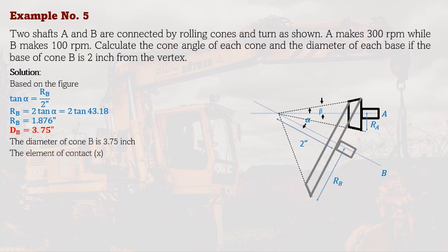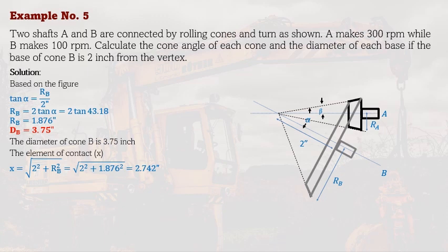So the element of contact X is the line wherein these two cones are contacting each other. So this would be this line here that is pointed by the cursor of the mouse.